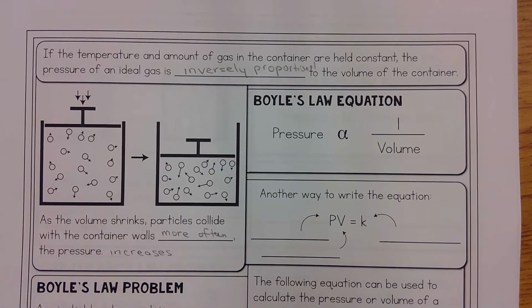I'll give you my example. Think of the classroom. We're in the classroom, especially right now, there's not as many of us, so the pressure's not that great. We're all spread out. There's a big space. Imagine if we decreased the volume to the size of a Volkswagen, like a teeny tiny car, and then tried to put 8 people in that teeny tiny car.